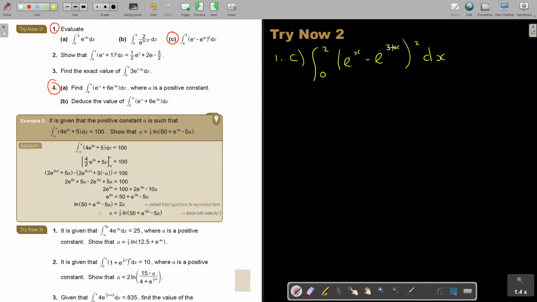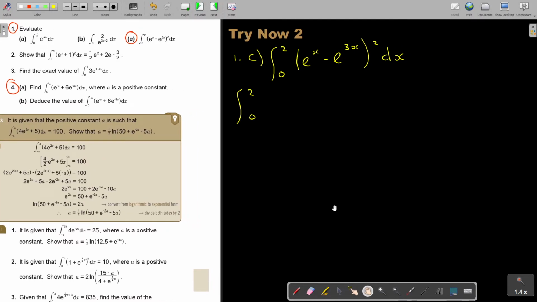You can also not do it unless you multiply out this bracket. So we're basically going to keep that and we're going to multiply it out. Now, can you still remember how we multiply it out? I think in this case, I can do the short, but I think it's better if I'm going to do the long. So let's just do it here on the side, the 2 brackets. e^x minus e^3x.